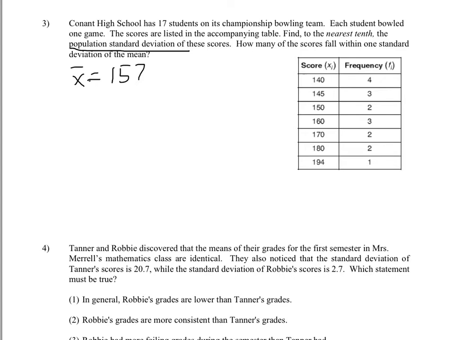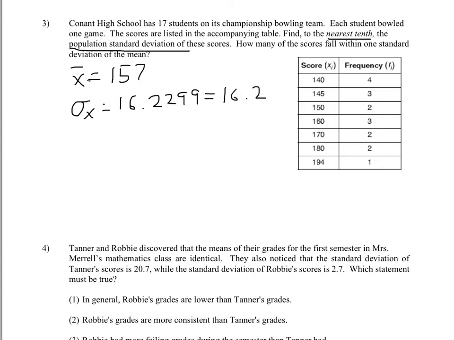So remember, population standard deviation is going to be our sigma on our calculators. So I'm looking at sigma sub x is going to be equal to 16.2299, which, rounding to the nearest tenth, equals 16.2.